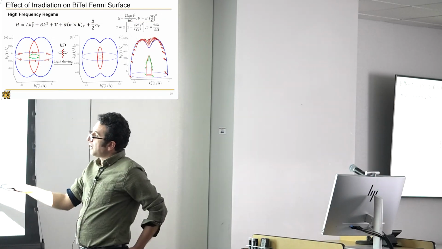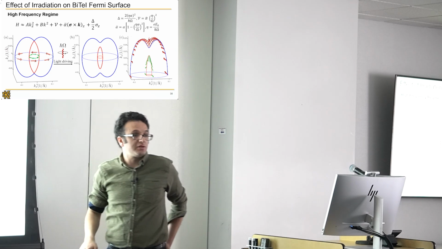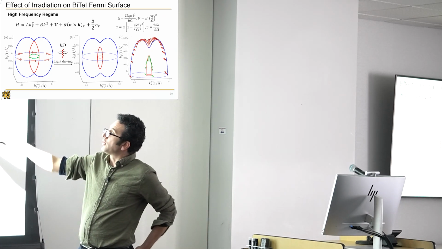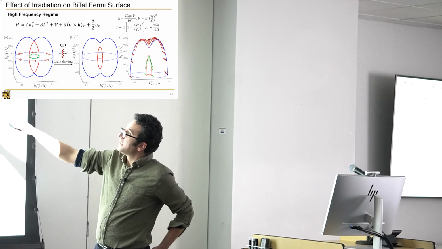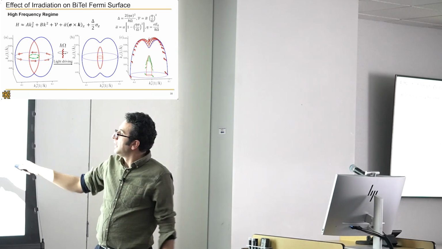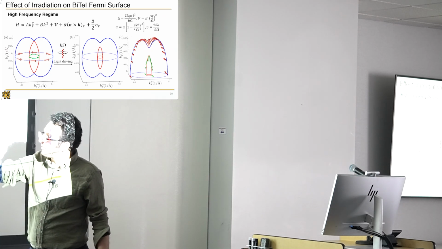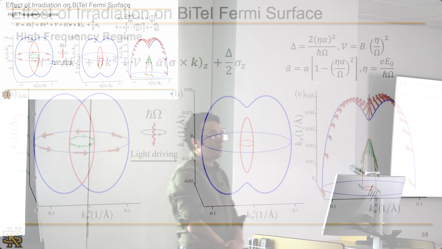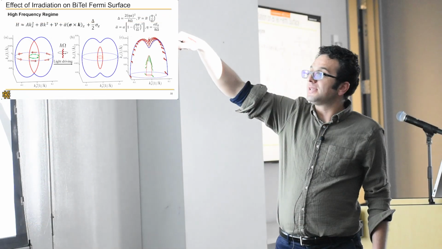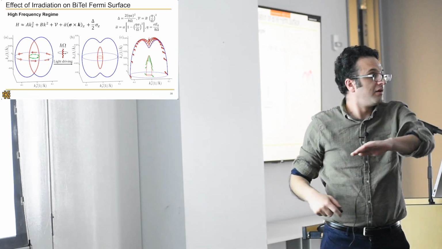I do my light driving. As you can notice, the shape of the Fermi surface changed. And that's because of two main effects. The Fermi surface will become smaller because the potential led to a shift, making it smaller. And more importantly, it will lead to the opening of the gap at this Dirac point and this Dirac point over here. Another very important effect: at equilibrium, the spins are only in the plane, in the xy plane, right?